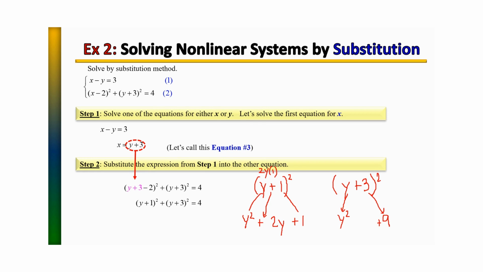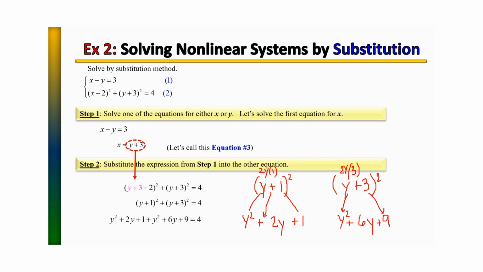This sign determines your middle term. To get your middle term, multiply the number 2 along with both terms inside. So 2 times y times 3. When you multiply that all together, that's going to give you 6y. And there we've solved that using the square binomial method.